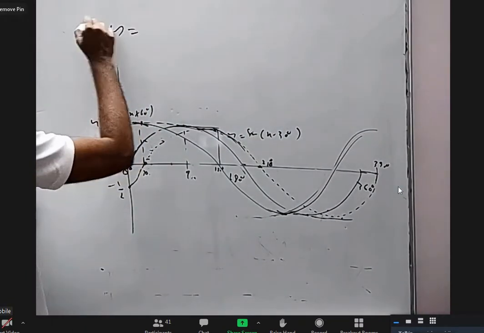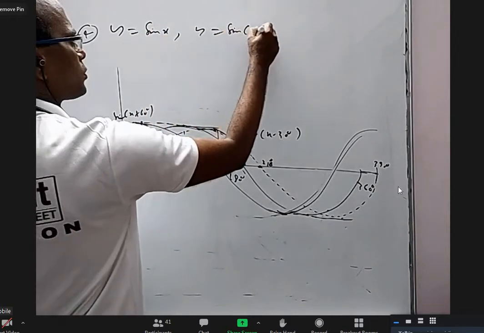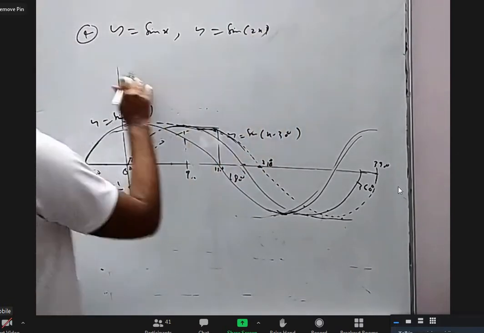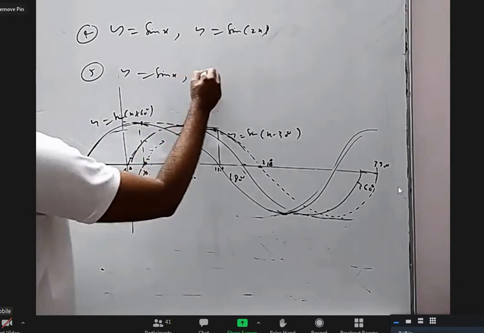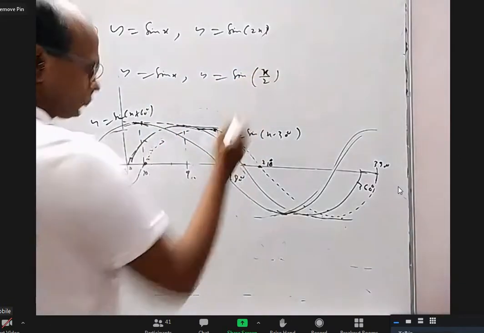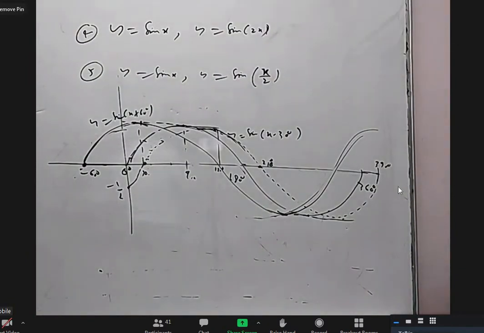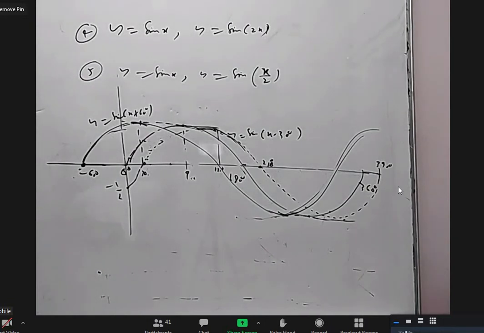Next, fourth one: y equal to sin x, y equal to sin 2x, draw in one graph. Then y equal to sin x and y equal to sin x by 2. So that means in the first case we have to increase the angle by 2 times, no sir? Yes, correct.